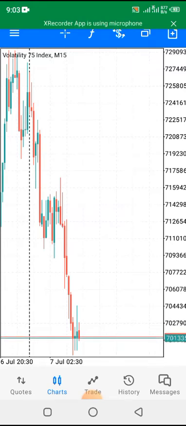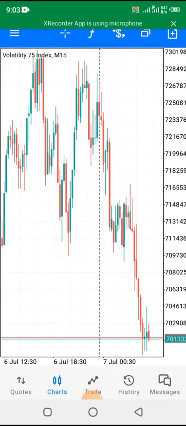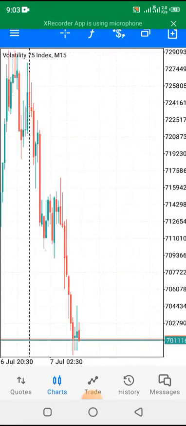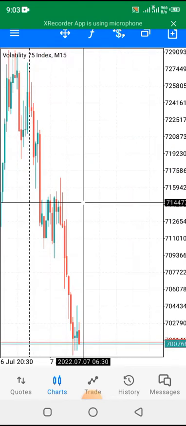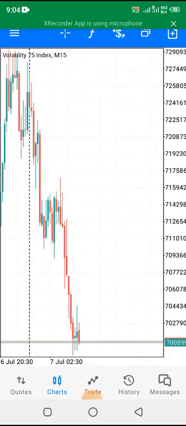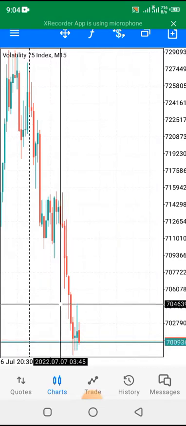When you go to MetaTrader 5 on the Volatility 75, to plot lines you have to understand where the price is at. I see here price is trading at just 700,936.